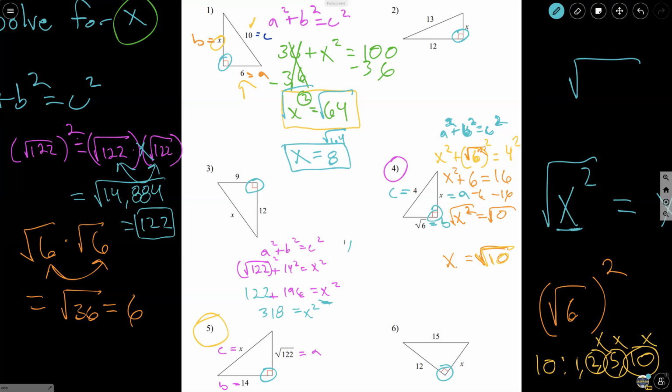Okay, so we got x squared equals 318. All right, and so we can try to figure out, are there numbers that go into 318 evenly that are also perfect squares? Or we can just say x equals the square root of 318.